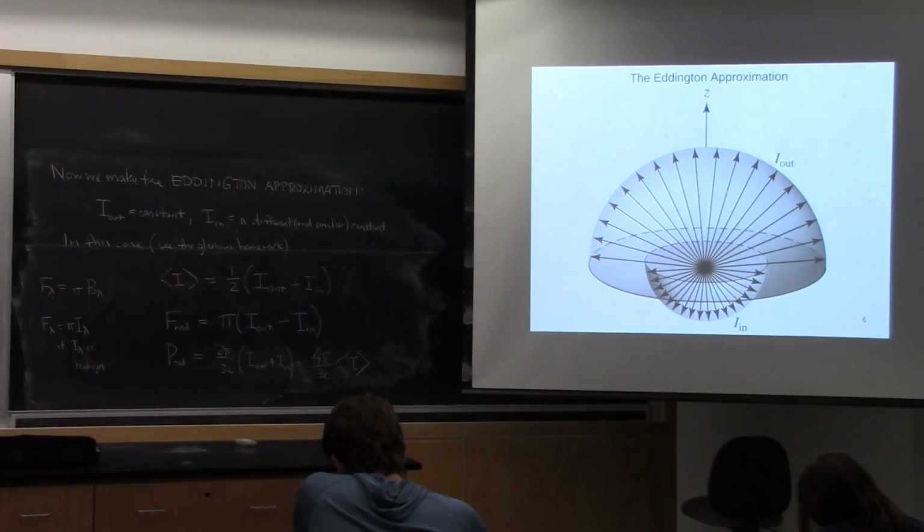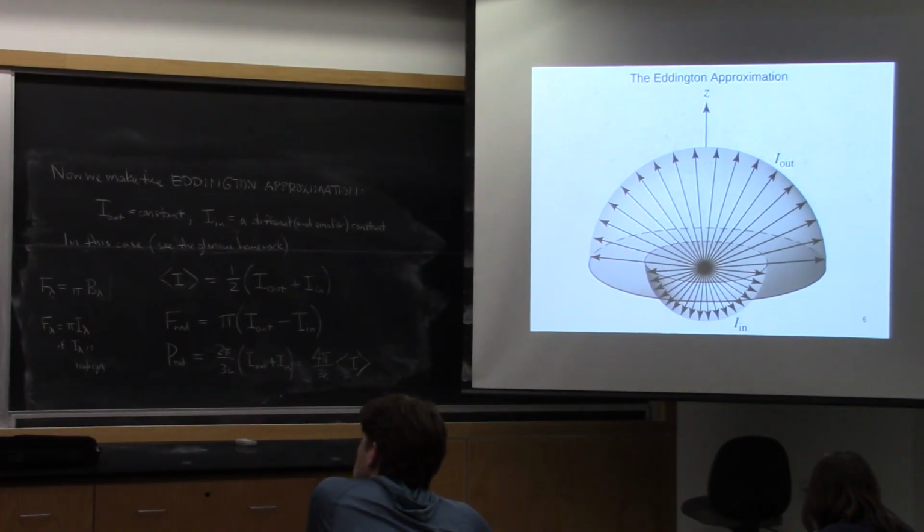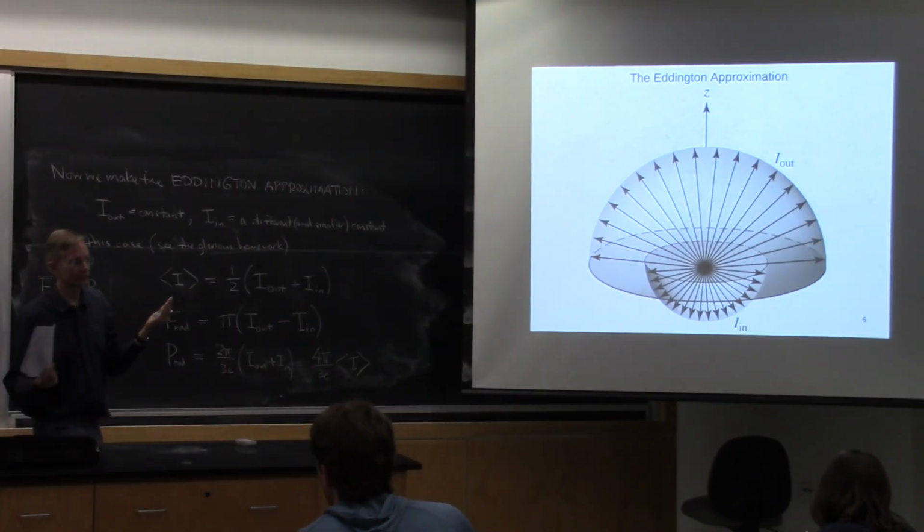At the top of the atmosphere, tau V is equal to 0 because there hasn't been any absorption yet.